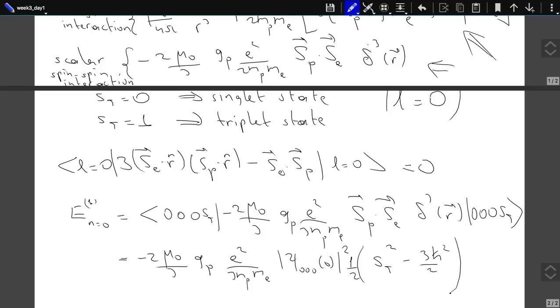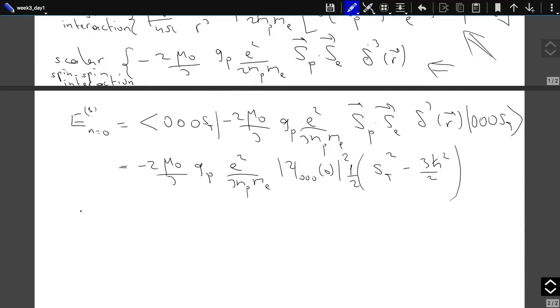Well, all these constants we know, the wave function also. So you can just put in the numbers. You can see that we have this triplet state, we have this singlet state, their energies are now shifted from each other. You can look at the change in the energy, the difference in the energy of these states.